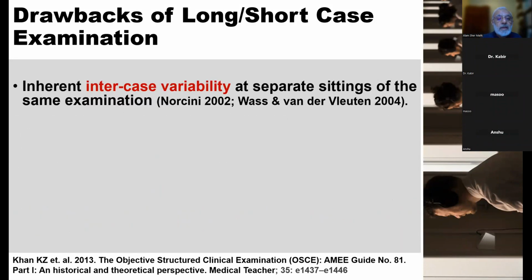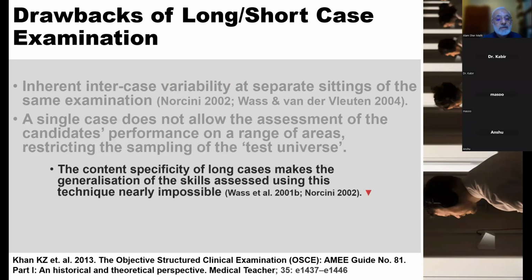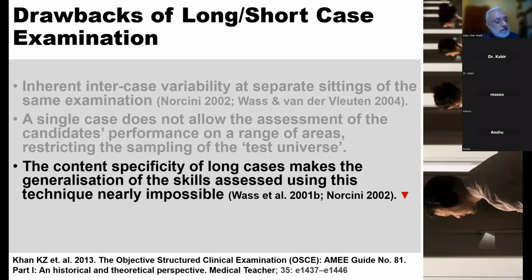Again, first is the intercase variability: every student gets a different case. Second, the sample size is too small. Just having one long case or a few long cases doesn't really make it a reliable assessment. And third, we cannot generalize, meaning a student doing well in examination of one system does not necessarily mean that they can assess all systems.